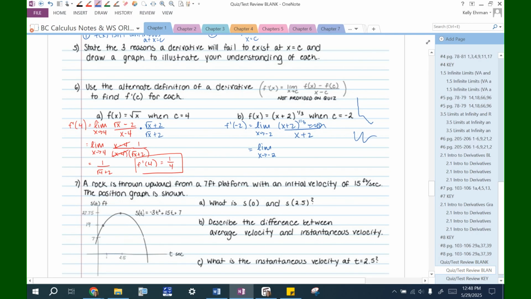Okay, so I can use exponent rules on this. X plus 2 to the 1/3 over x plus 2 to the 1st is now 1 over x plus 2 to the 2/3, right? 1/3 minus 1 is -2/3, so I sent it down there. Now if I plug in -2, I get 1 over 0. And it's 0 to the 2/3, so that means like cube root of whatever you got squared.